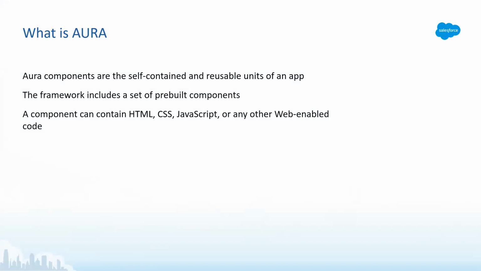Instead of a Visualforce page, which is just HTML where you have to write all the text, Aura is a package which comes as HTML, CSS, JavaScript, and pre-built components like the controller and the helper in your front end itself, before you go to the backend.